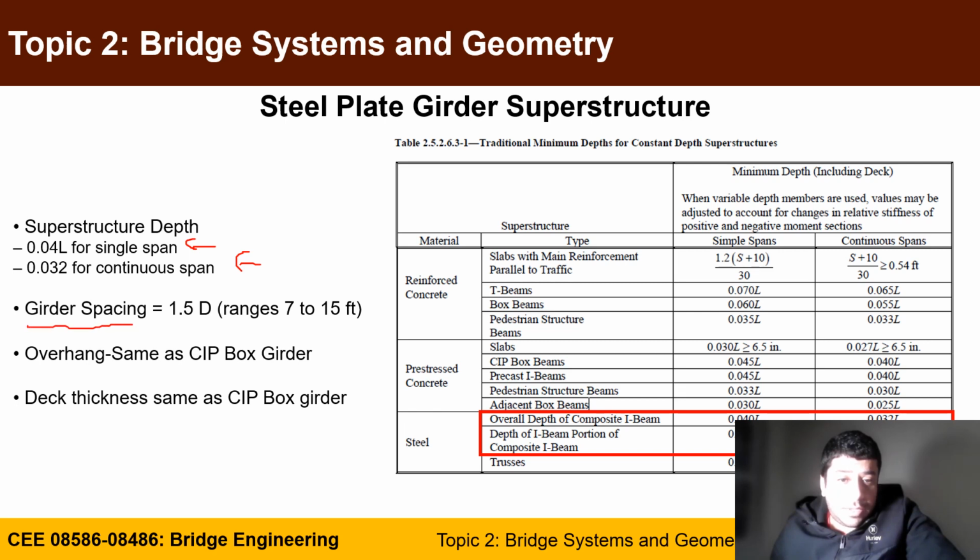You can space your girders between 7 and 15. I personally like between 8 and 12, and you can use this rule: 1.5 times the depth for the overhang, similar to the rules for the cast-in-place box girder, and the thicknesses are also similar to cast-in-place box girders.